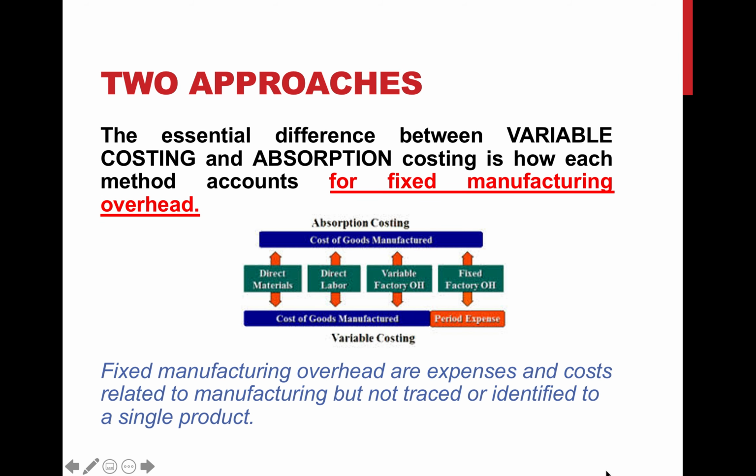So we are facing two approaches. The only difference between one method and the other one is how you determine the cost of the product that you are manufacturing. Absorption costing is the cost that you have learned until now in your previous courses of accounting.